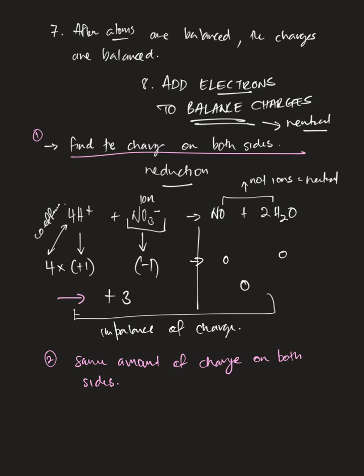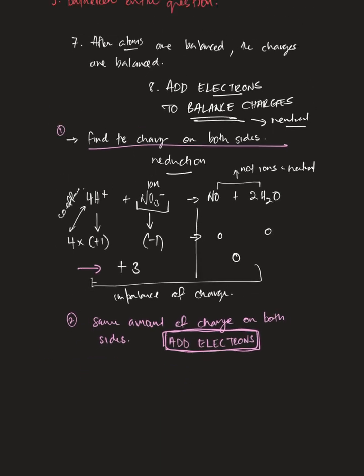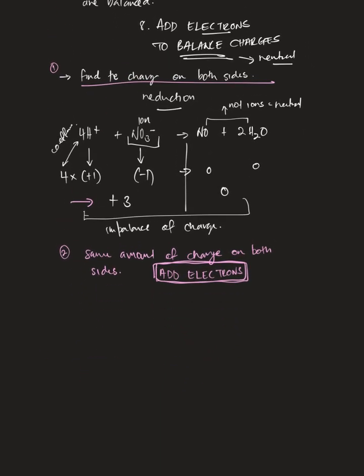The only way that can happen now is we need to add electrons. Basically, we can't subtract anything, we can only add electrons to things. So when I'm looking at this, let me just reduce this a little bit. I'm just gonna move up here. I need to cancel out the positive 3 on the left hand side.